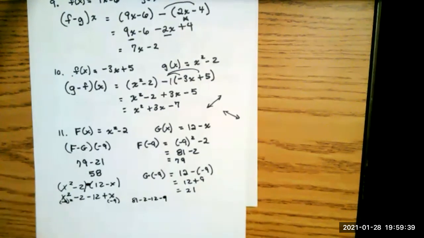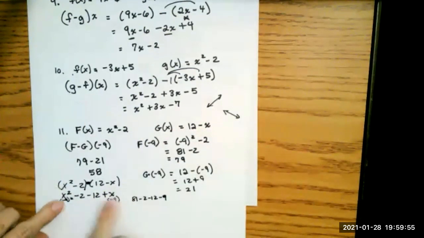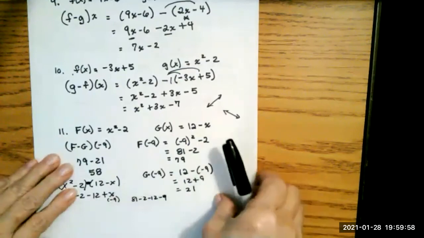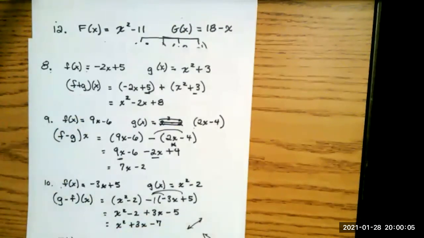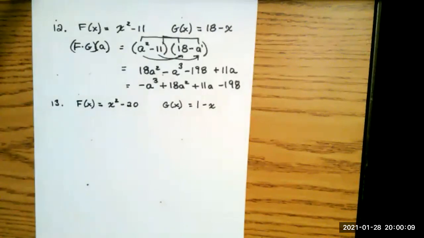Isn't that still 58? Yes. So you can do them separately, or you can just subtract the two functions first and then put in your number. And actually, you can do that in any of them. In this one up here, you could have added, if you had a number to go in there. Any of them, you can do the operation first and then put in the number if you want to.